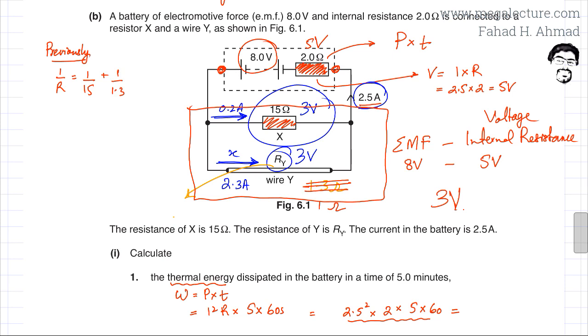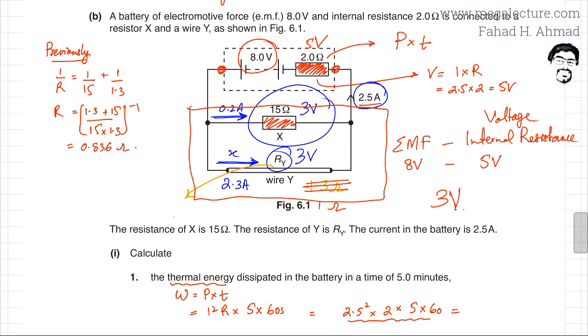If you try to solve this, it's going to come out to be equal to 1.3 plus 15 divided by 15 into 1.3. And if you make R the subject of the equation, then this would become minus 1. So let's try and solve this first. And the answer that I'm getting is 0.836 ohms.